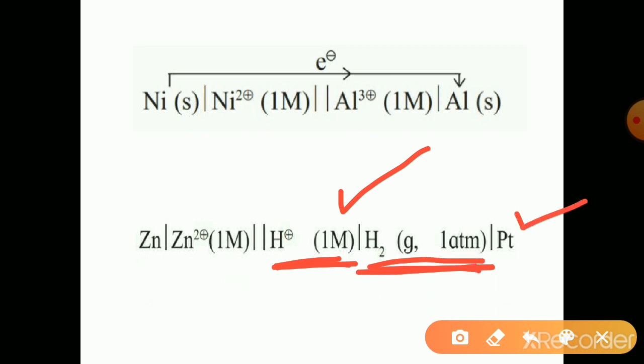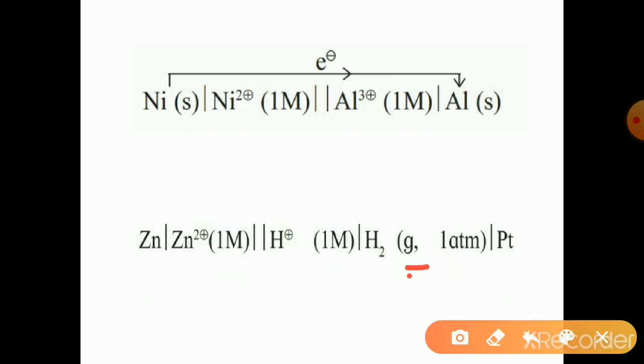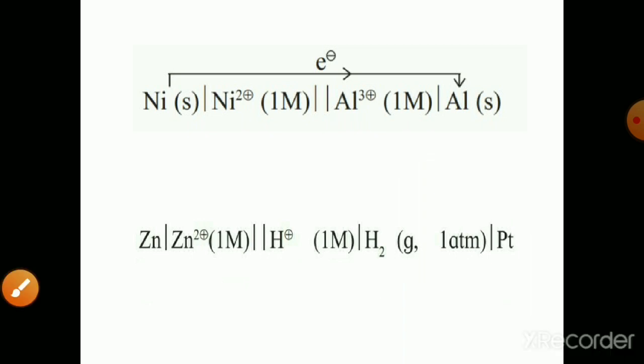As this is a gaseous species, its state is shown in the brackets, and its concentration is expressed as pressure as it is a gas.